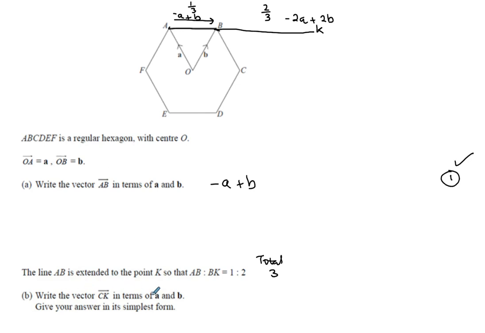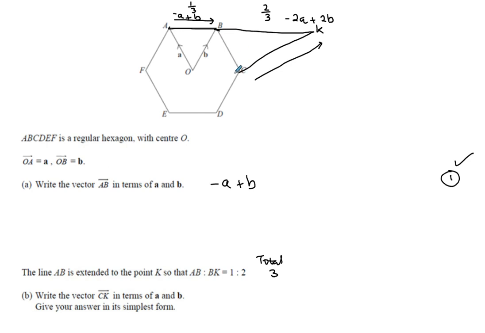Write the vector CK in terms of A and B. So again, we need CK. So that's the one we're trying to find. So again, we can't go straight, so we've got to go the long way around. And because this is a regular hexagon, you know that all these sides are the same.